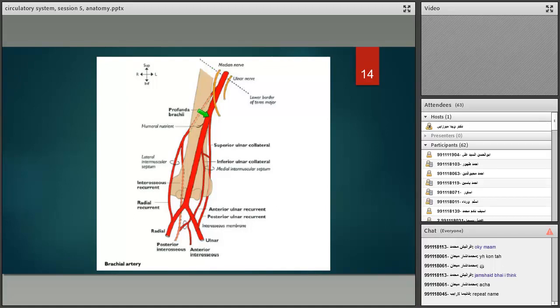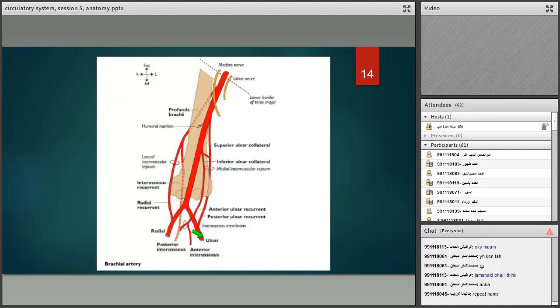Okay, this artery is called brachial artery. Some of the branches of the brachial artery are profunda brachii, and for example, here superior ulnar collateral, inferior ulnar collateral, and these. They are not much important here in this part. Just know the names. But at this part, we have the radial and ulnar arteries.